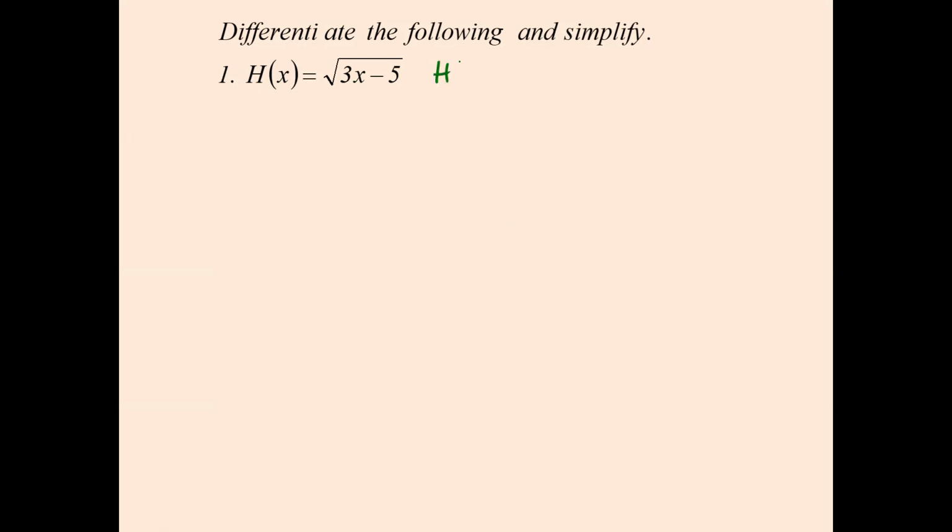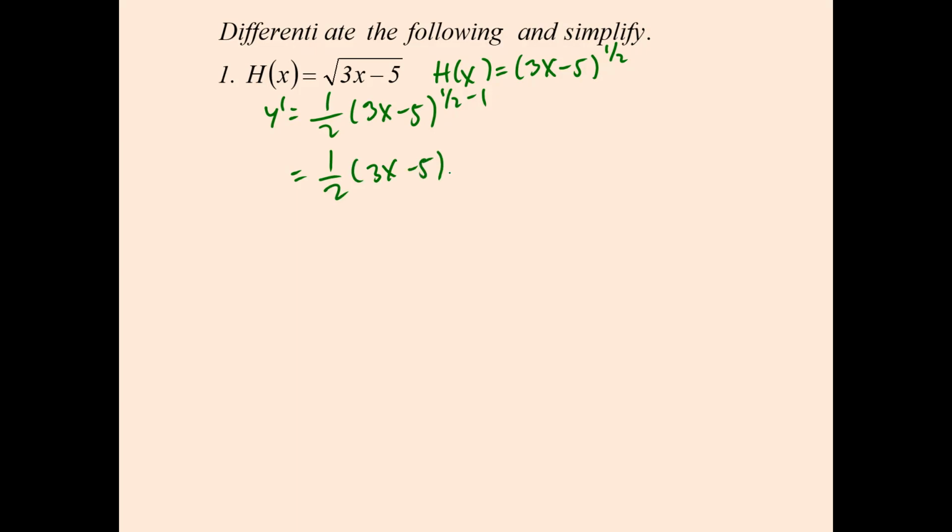So pwede rin siyang maging h of x is equal to (3x minus 5) raised to 1 half. So kapag ginawa natin yung y prime niya, so 1 half, bababa natin yung kanyang exponent, (3x minus 5) times 1 half minus 1. Okay? So 1 half times (3x minus 5), we have 1 half minus 1 is negative 1 half.